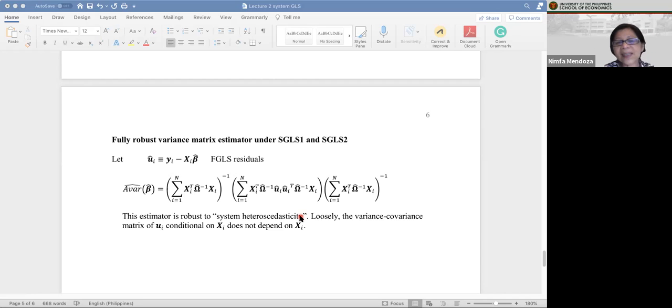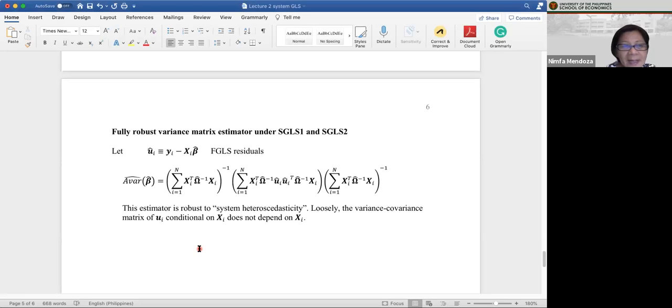It is in the transformed model where it comes out to be one. So loosely, the variance covariance matrix of u sub I conditional on x sub I does not depend on x sub I.